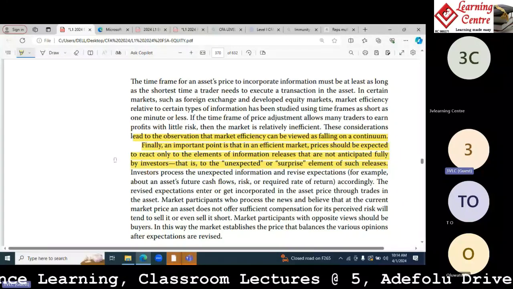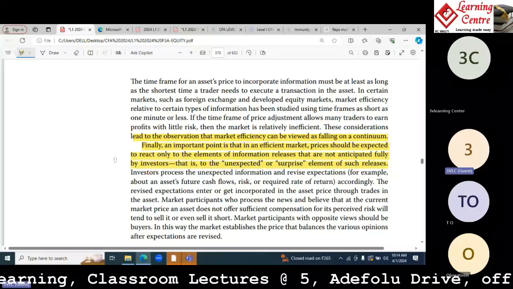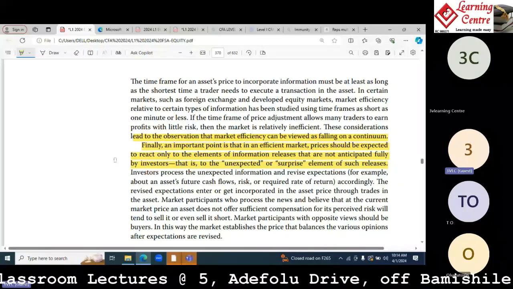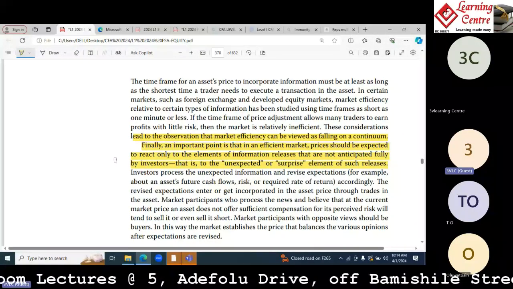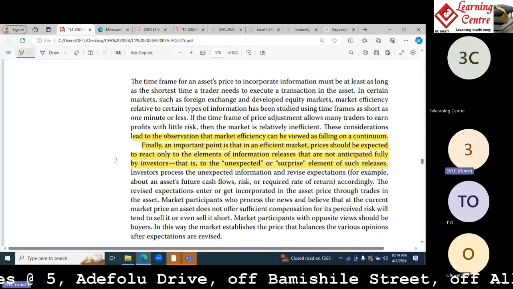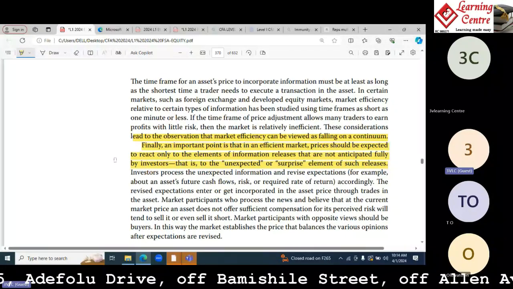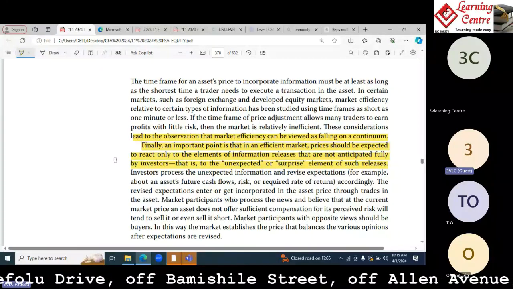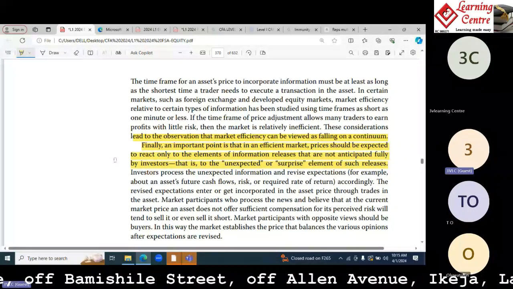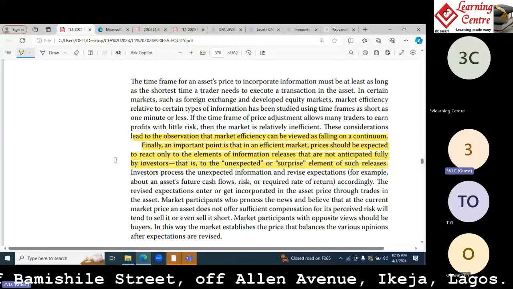And the curriculum is saying that it should be surprises or unexpected information. And what do we mean by that? Let me explain. As of today, I'll use an analogy. As of today, the expectation is that in no time from now, Dangote refinery will be fully running.